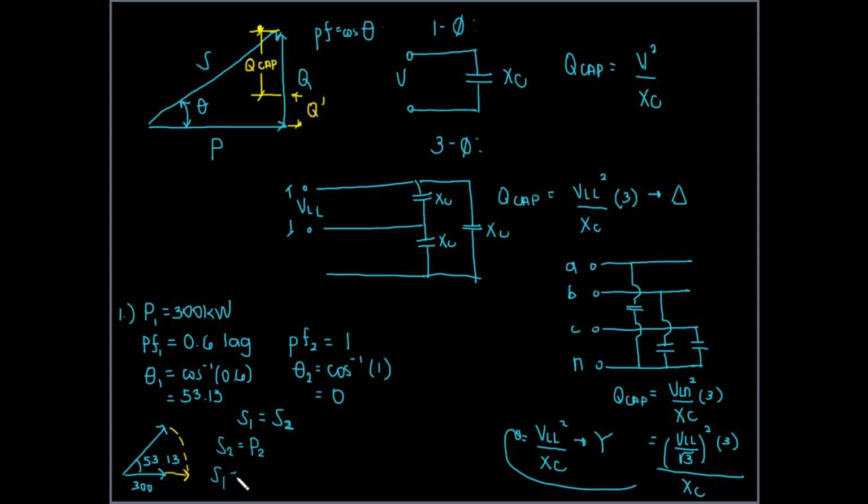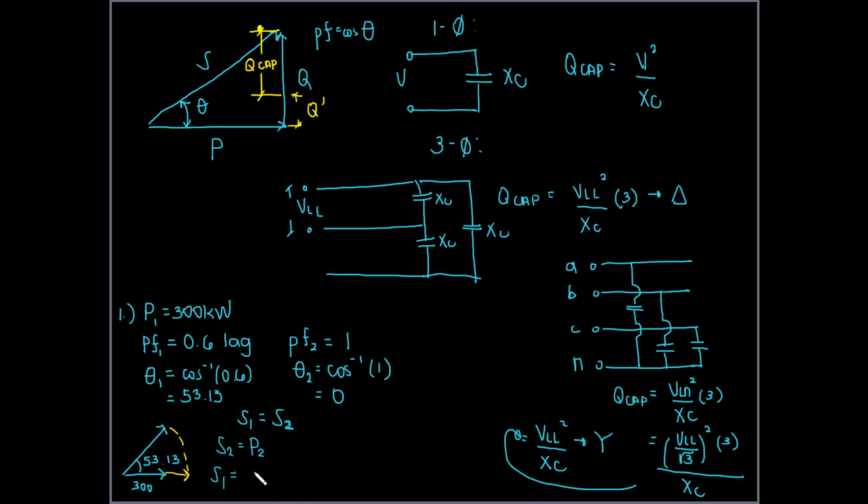We have an angle here, we have an adjacent side and we have your hypotenuse. So what function do we need? We need the cosine function. So cosine of 53.13 is equal to 300 over S1.